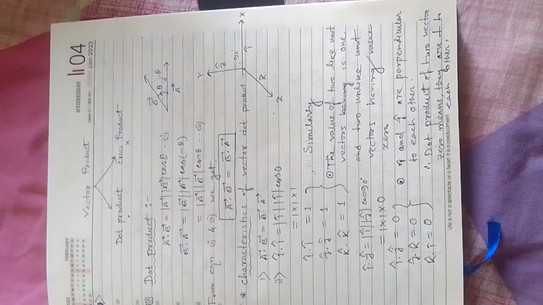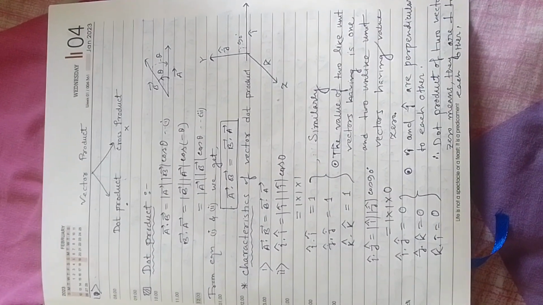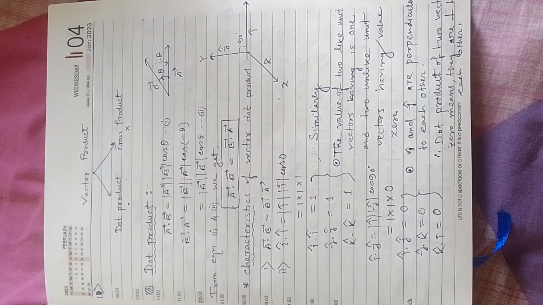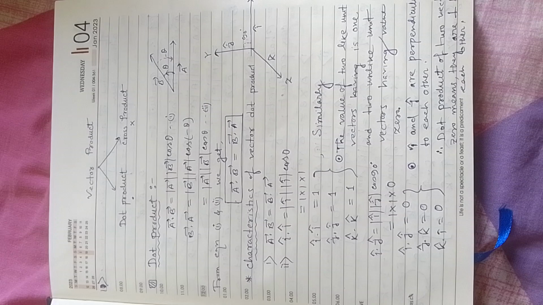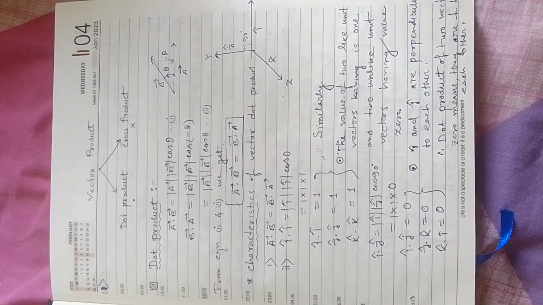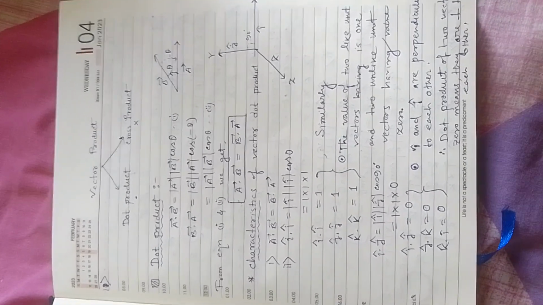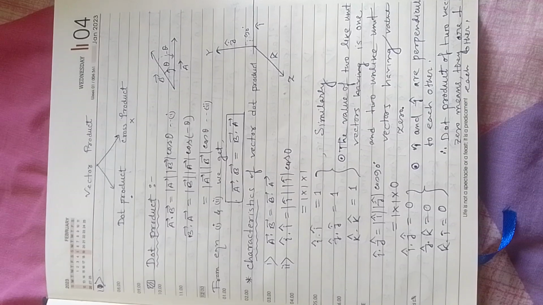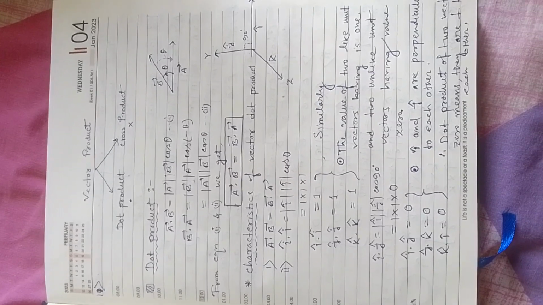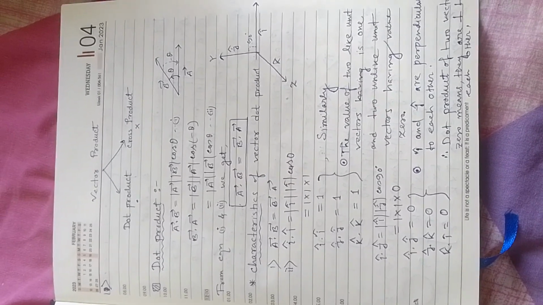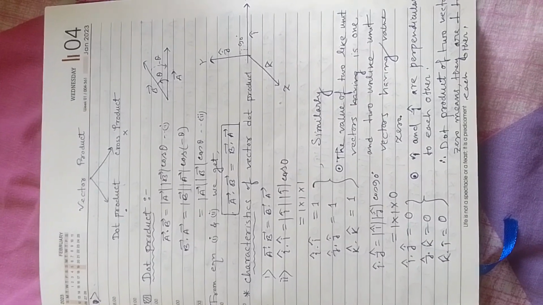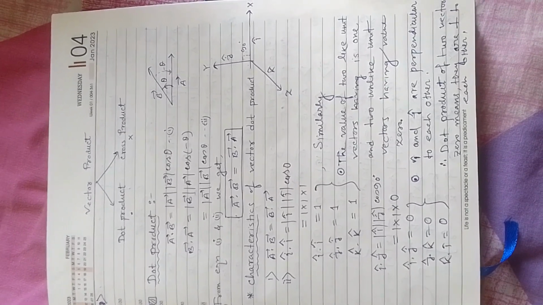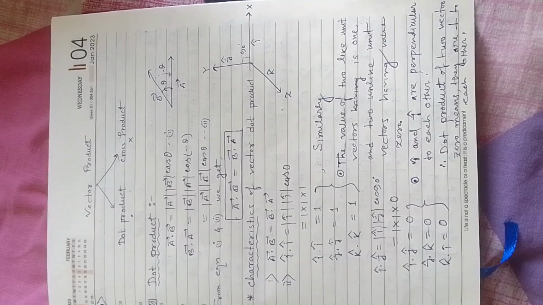There are some characteristics of dot product which are shown below. i cap dot i cap, what will be the result? i cap dot i cap is equal to mod of i cap into mod of i cap into cos theta. Here theta will be 0 because two similar unit vectors make an angle of 0 degrees.